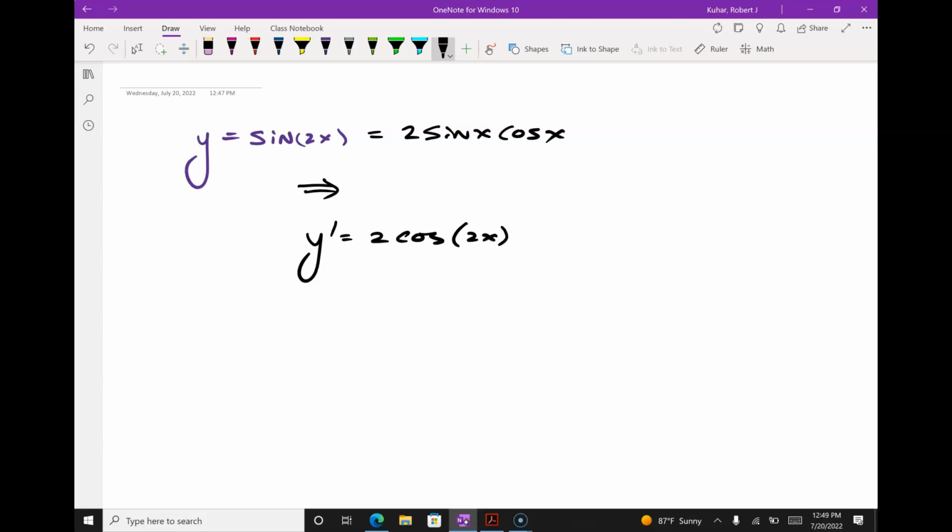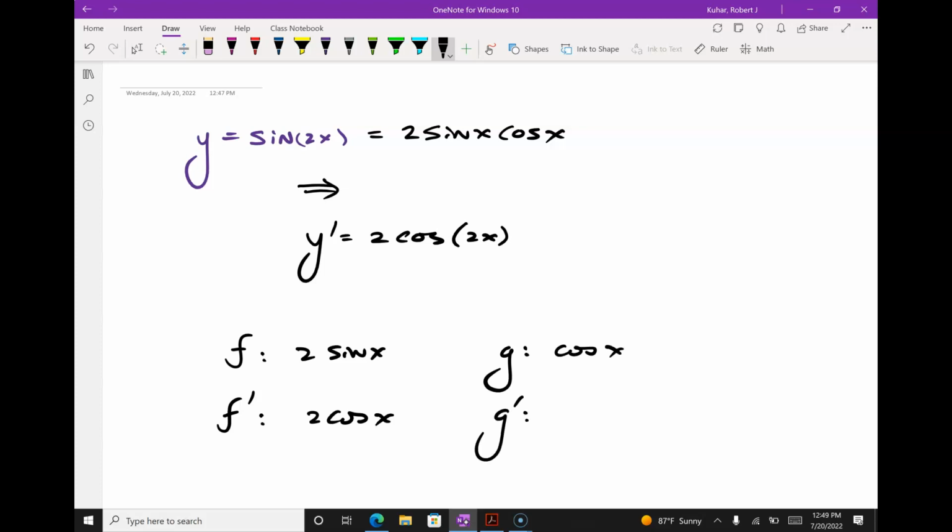So product rule. First function is 2 sine x. Derivative: 2 cos x, yes. Constant coefficients go to the right. And second function is cos x. What's the derivative? Negative sine x. Good. We're doing a product rule.